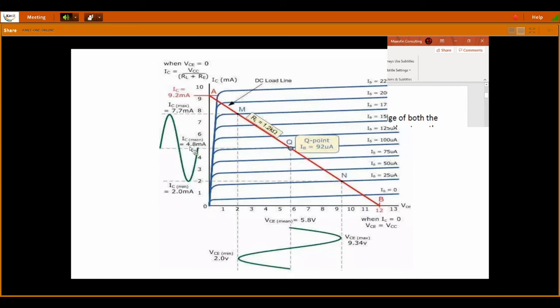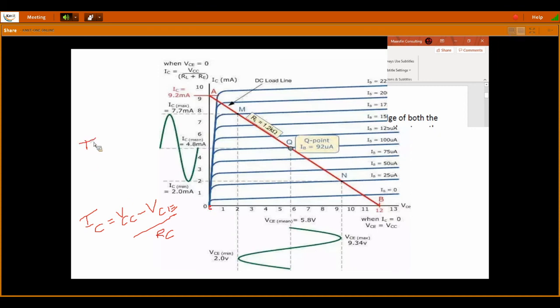So now in order to find the maximum collector current, as IC is equal to (VCC minus VCE) divided by RC, the maximum amount of current flow occurs when the collector to emitter voltage is 0.